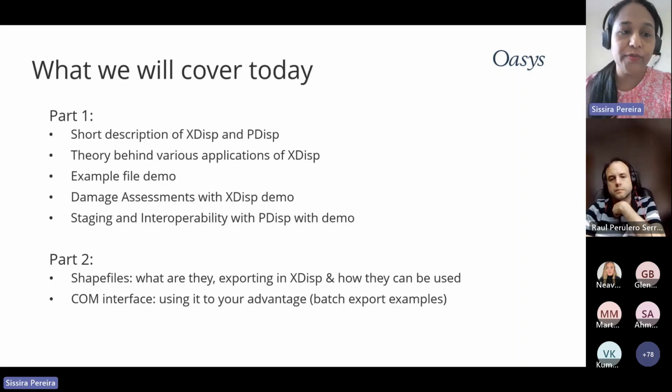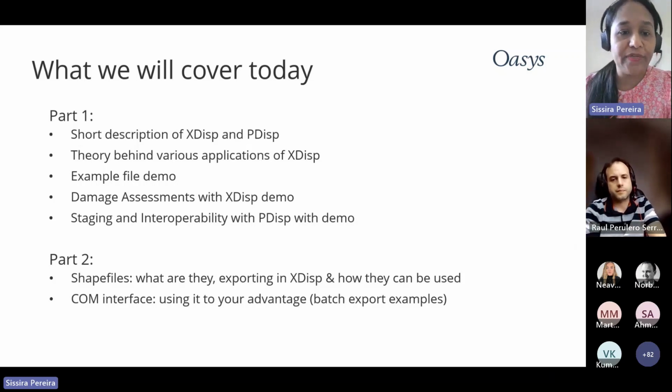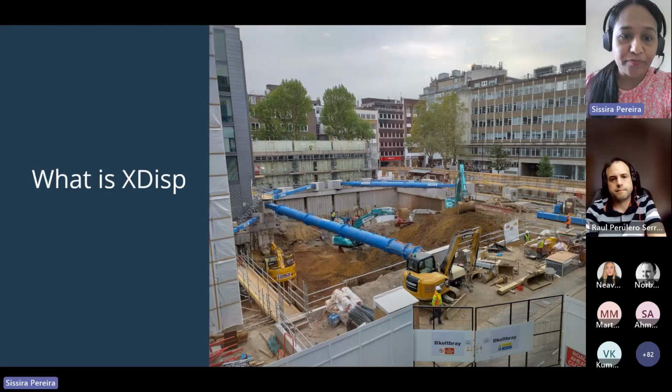In part 2, Raul will explain shapefiles, what they are, exporting in XDisp and how they can be used, as well as the COM interface, which helps you to use the program to your advantage, as in batch export examples. So we move on.